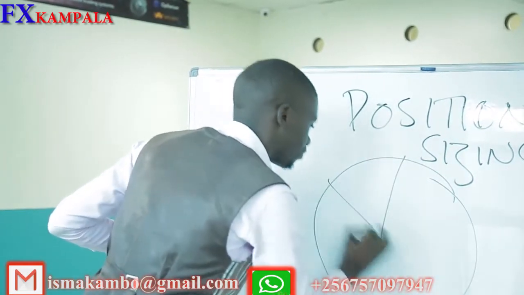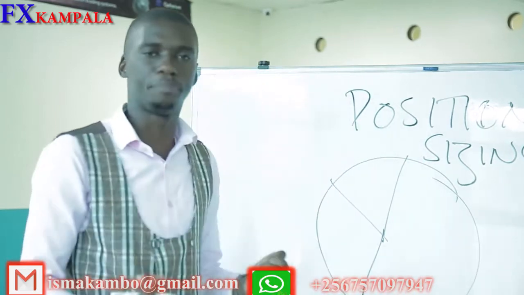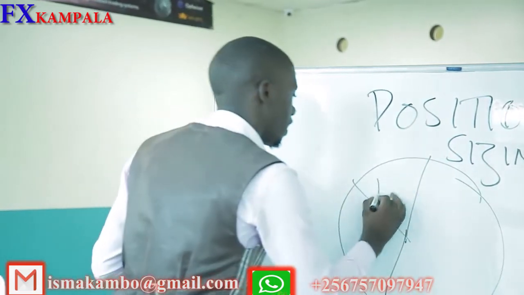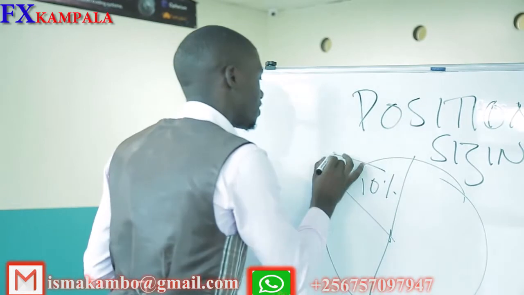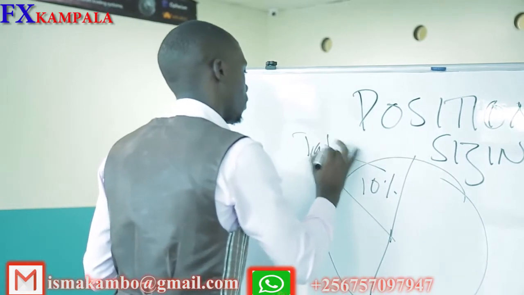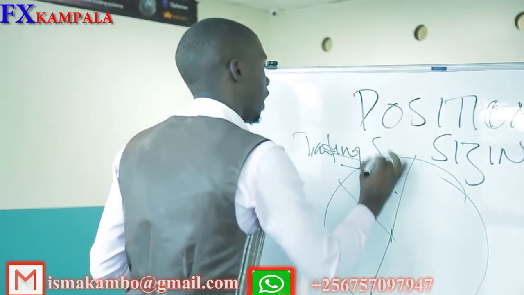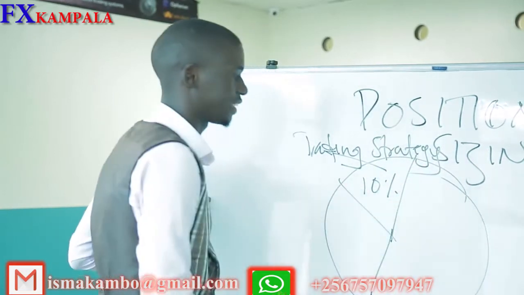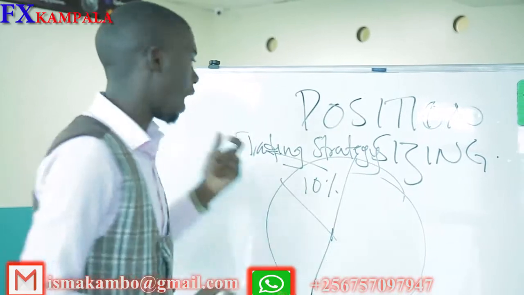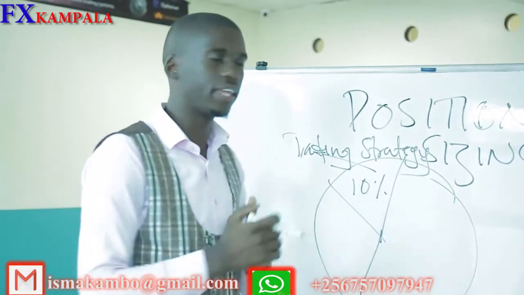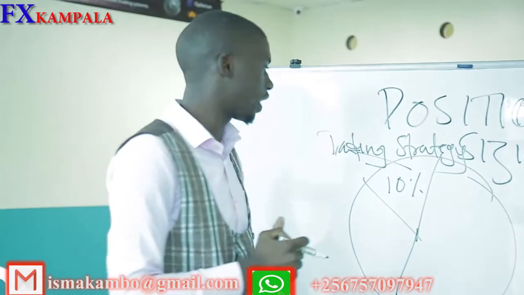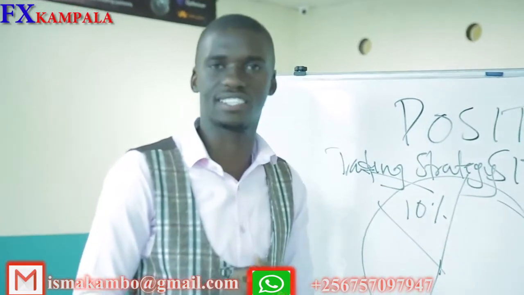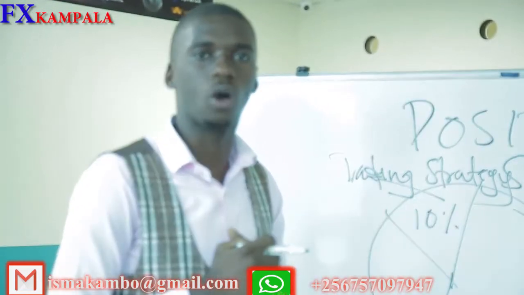Such a graph displays each and every position of, let's say, a trading system or trading strategy, which carries 10%, which most of the world are concentrating on. When you go over the internet, most of the people are looking out for the best trading system that they think will trade best.